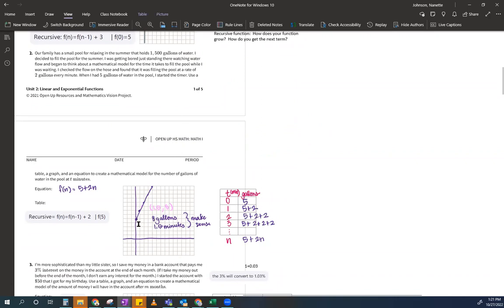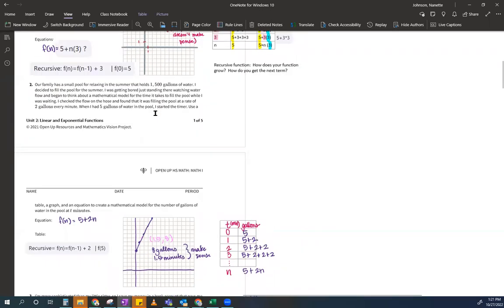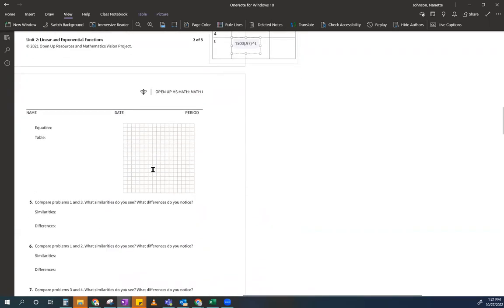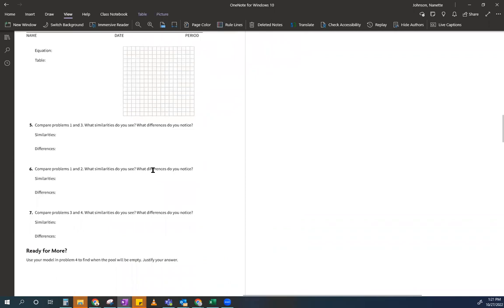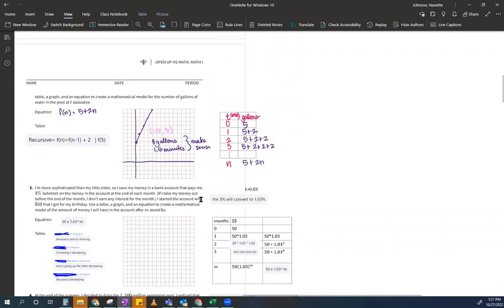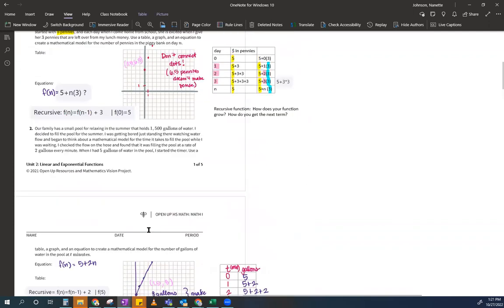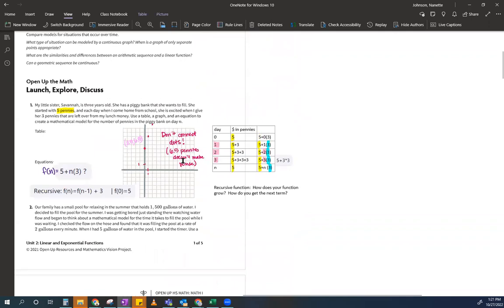But this one is increasing at a different rate than the other one. When I'm asking you for similarities and differences, everything that you talked about was perfect, especially you who noticed, Miss Johnson, this is geometric or exponential, and this one up here is arithmetic or linear. Very good.